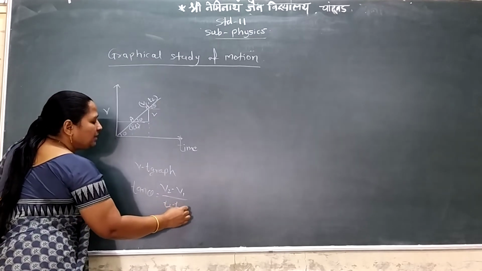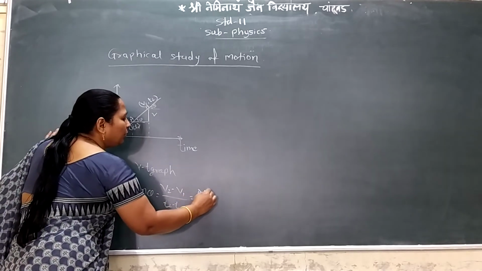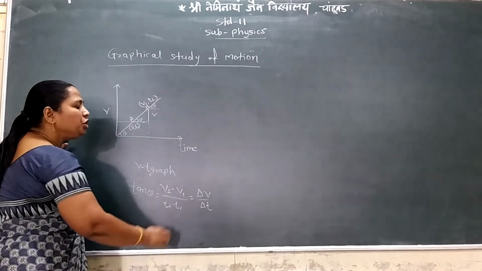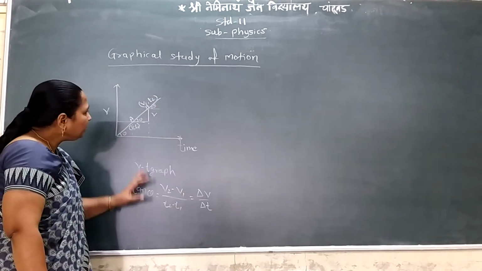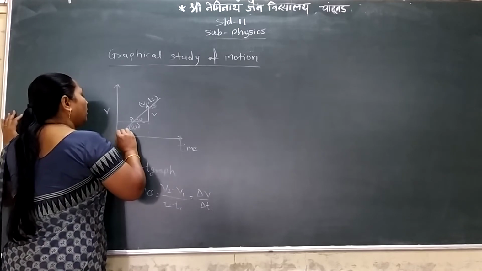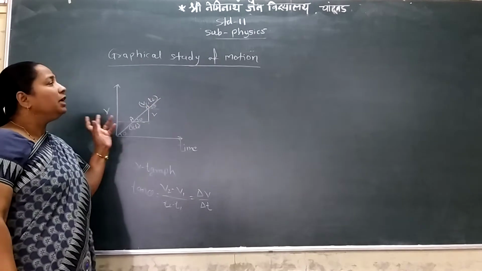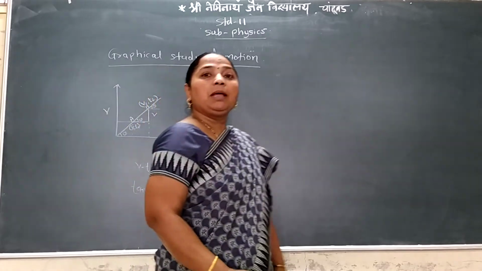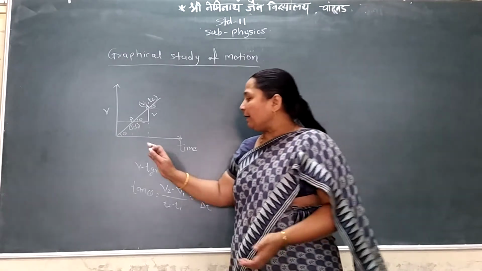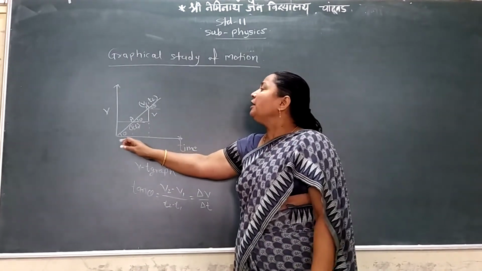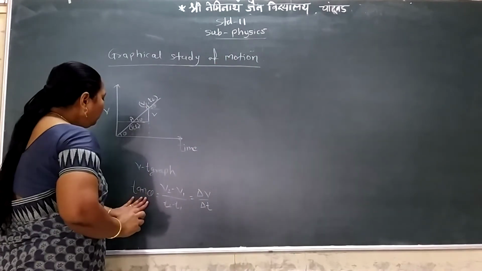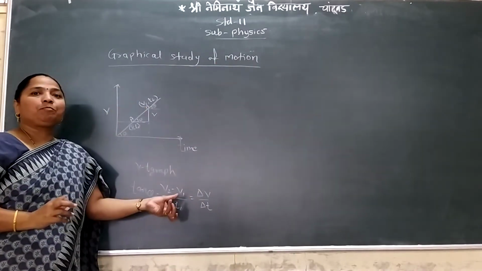Therefore, tan theta is equal to delta v upon delta t, change in velocity upon change in time. That tan theta is the same when the graph increases linearly with respect to time, meaning velocity continuously goes on increasing. The graph is linearly expanded, and tan theta is the slope of that line.